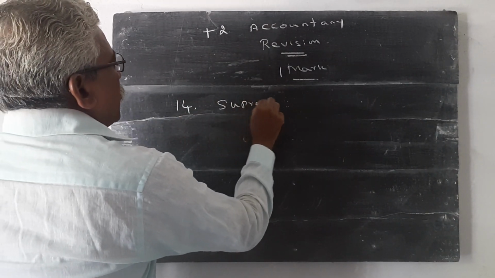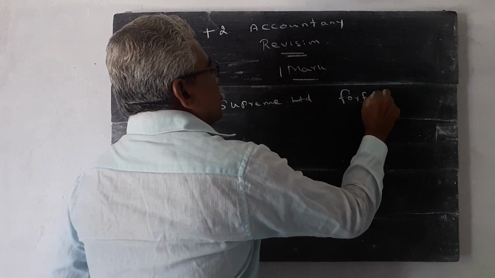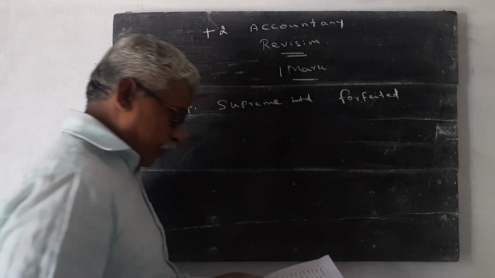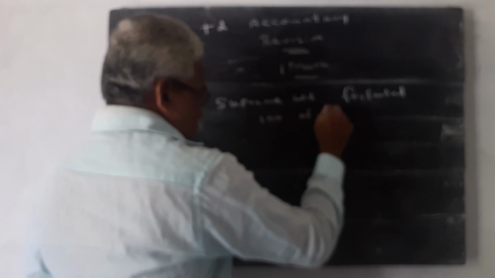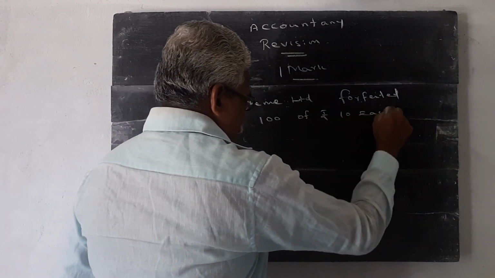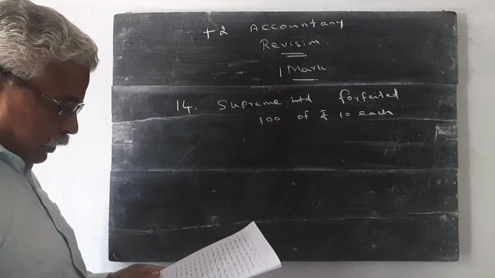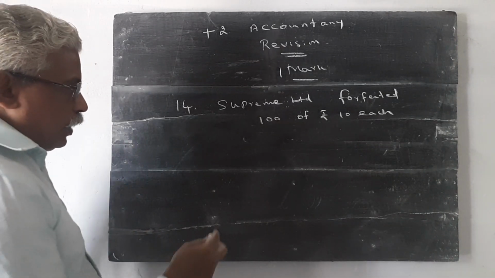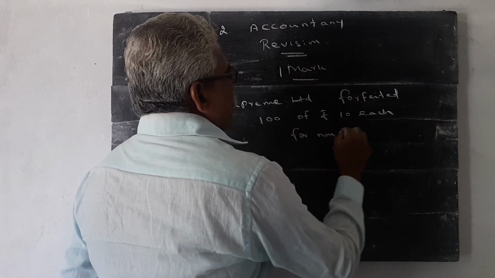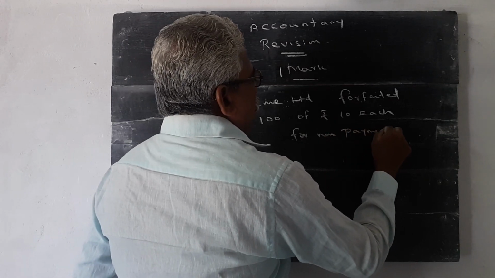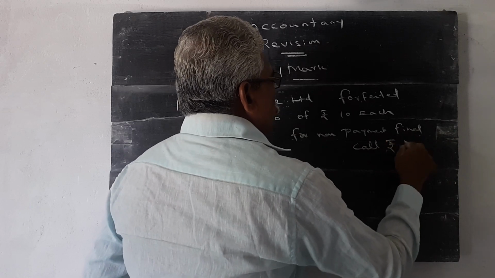Supreme Limited forfeited 100 shares of rupees 10 each for the non-payment of final call, rupees 2.